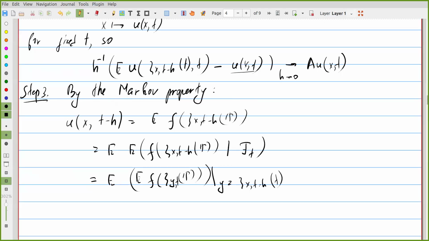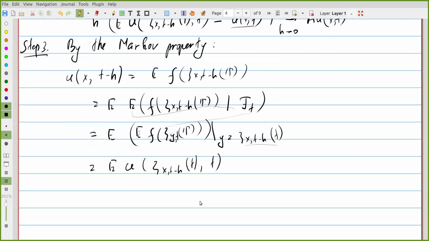So we leave from t minus h to t, and we use this value to calculate this expectation. But this is exactly u of ψ_{x,t-h}(t), t by the definition of u. This is it.